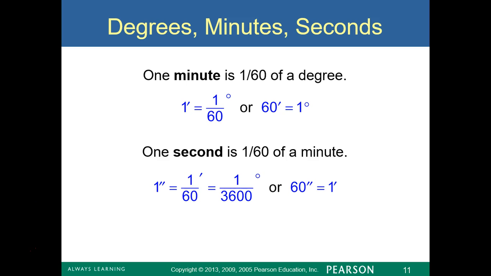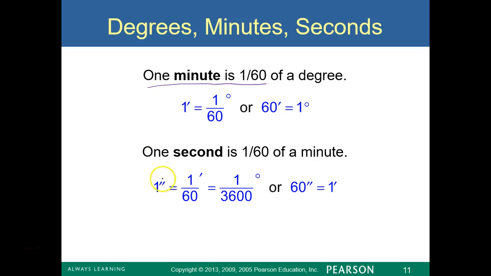All right, so in geometry, you've studied degree measurements, but you've probably never heard of minutes and seconds. Minutes and seconds are part of degree measurements. They're just smaller portions of a degree. So 1 minute is equal to 1/60th of a degree.